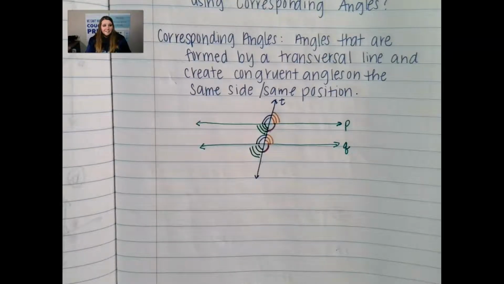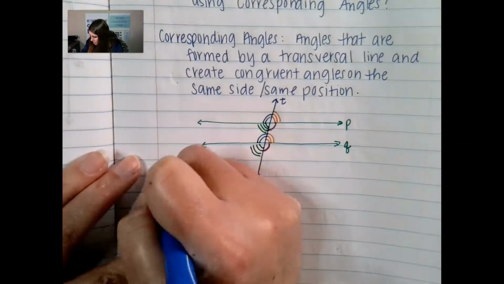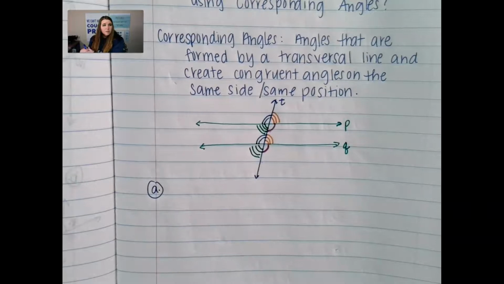All righty, what does this look like when it comes to using actual measures? All right, so we're going to do an example. Example A says, use the figure to find the measure of the numbered angles.